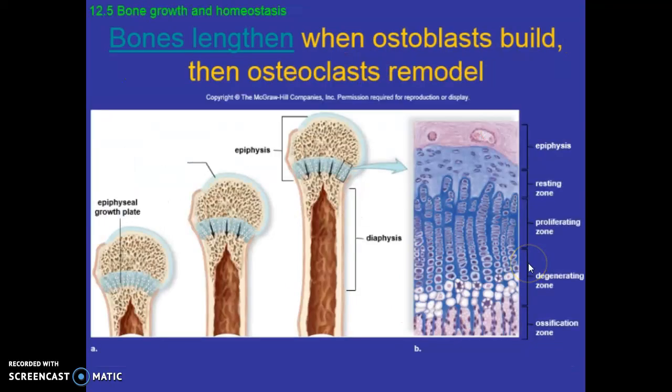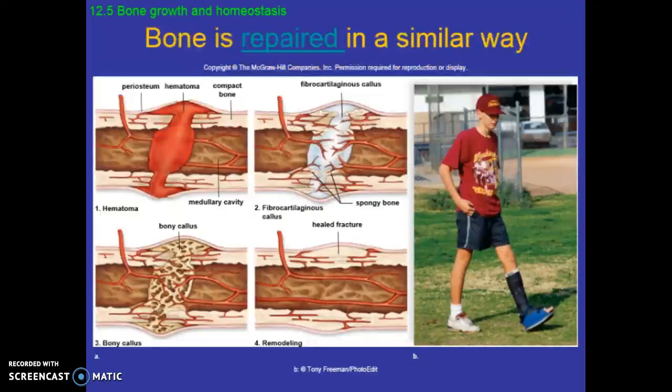All right, then bones lengthen when the osteoblasts build upon the bone, and then the osteoclasts help remodel by degrading that old bone. And so you have this process of degradation and rebuilding happening through both those osteoblasts and the osteoclasts.